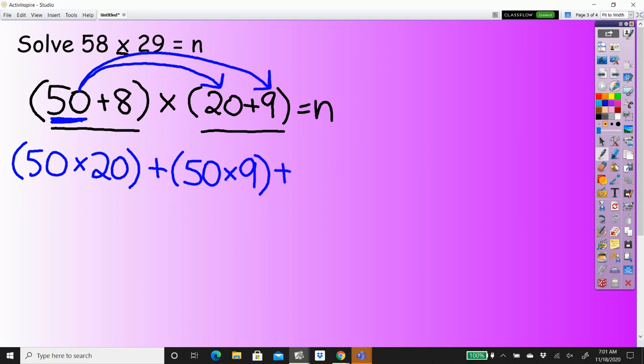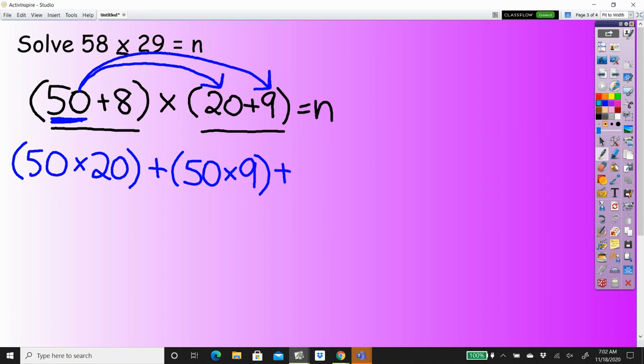Plus. Now I am done distributing the 50. I took the 50 and distributed to all the factors on the other side of the multiplication symbol. However, I must do the same thing for the 8 as well.